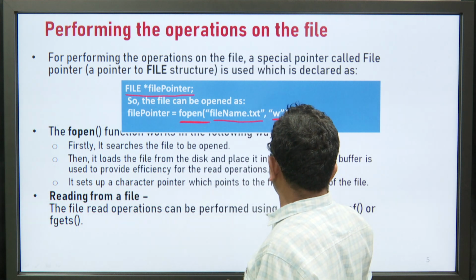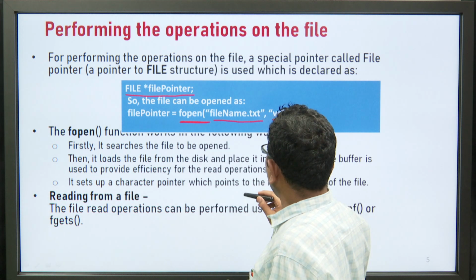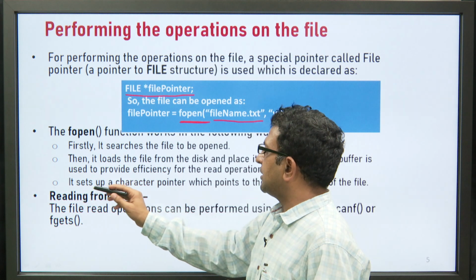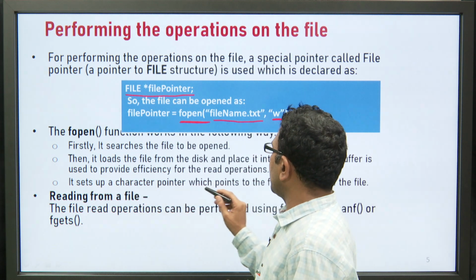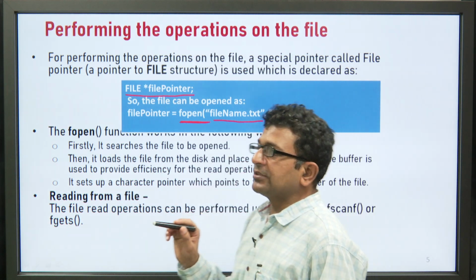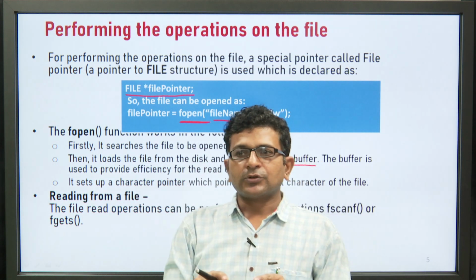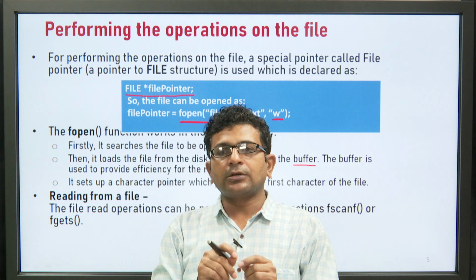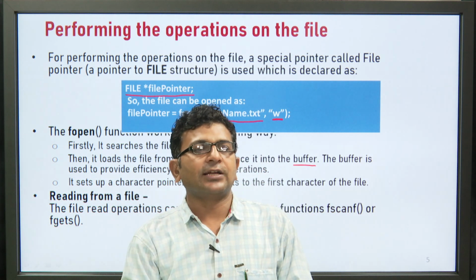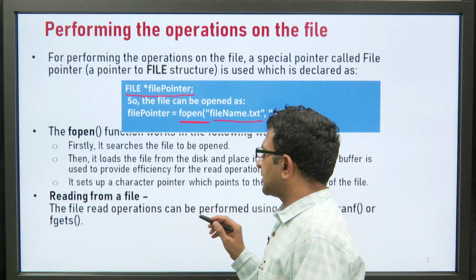Once the file reaches the buffer, it is available to perform operations. Third, it sets up a character pointer which points to the first character of the file. And the important point is that once the file is open, it places the cursor at the beginning of that file. That is what the fopen function does here.